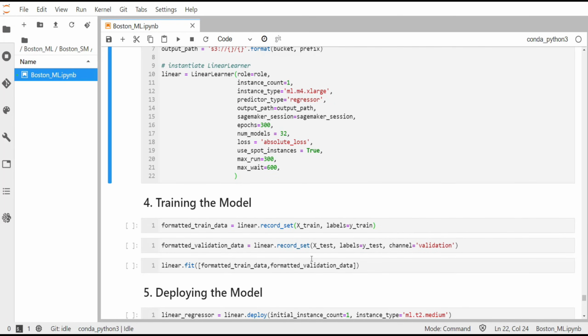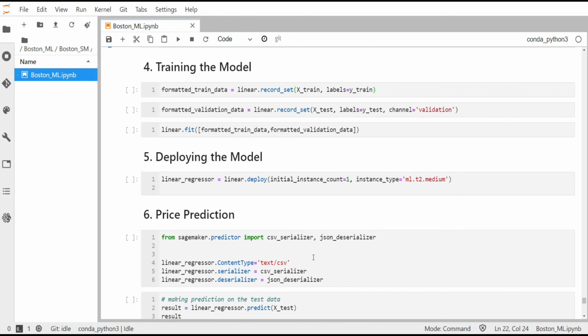Let's move on to the model training itself. So we will prepare the record set for the training and the validation set for the model. The formatted train data is the xtrain and labels are the ytrain. These were created during the split data process.